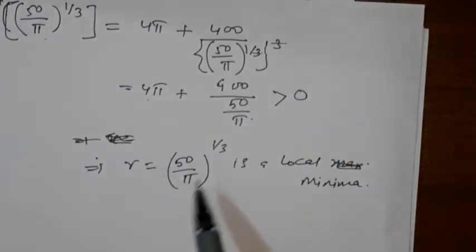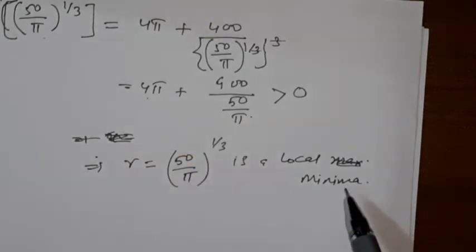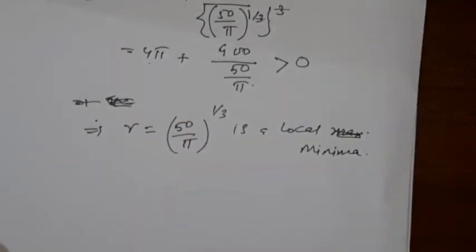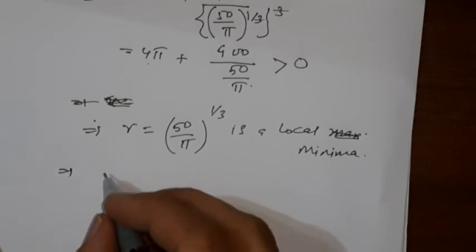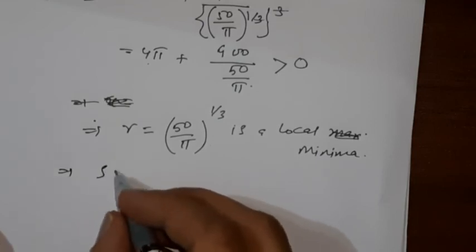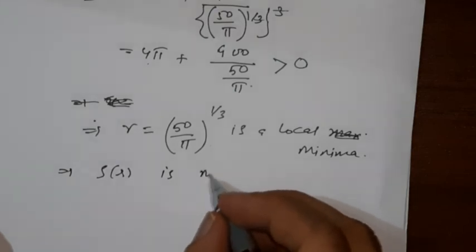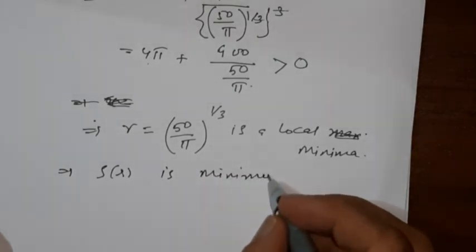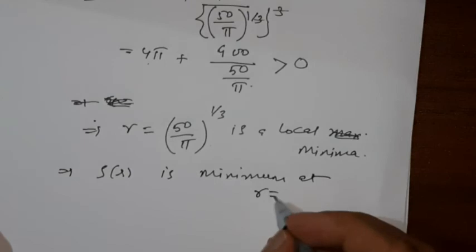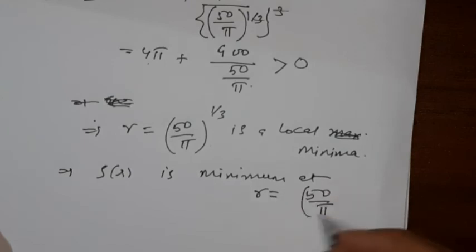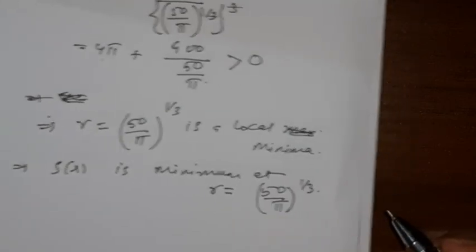So that means the surface or the function S(R) is a minimum at R equal to 50 by pi raised to 1 by 3.